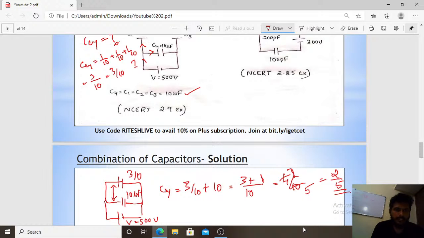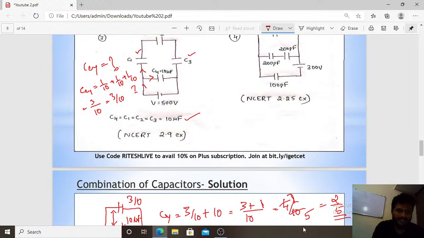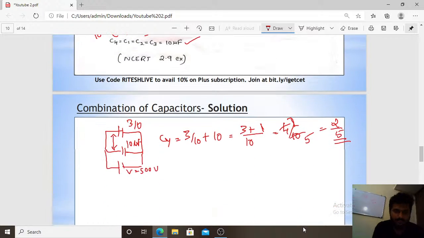When they are in series, yes, right, good. It is not 3 by 10, it is inverse of this. We will do the same mistake in the exam. So the answer is here 10 by 3. Good, Yashasvi. So here it will be 10 by 3 plus 10, right? Because it is in parallel, direct plus.